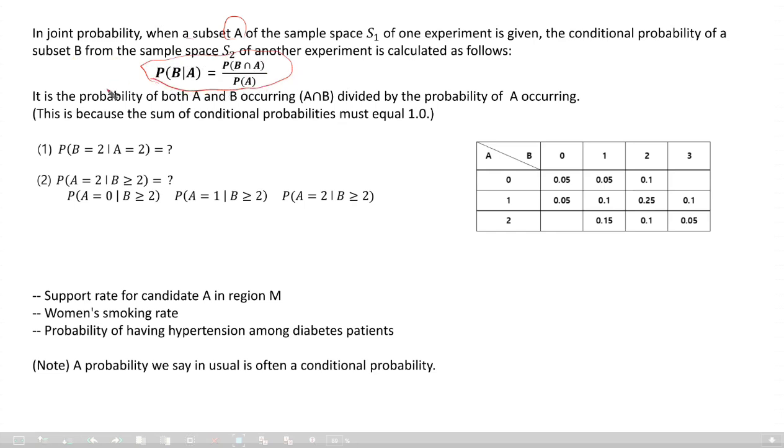But why does this formula come about? It is the probability of both A and B occurring, say A intersection B, divided by the probability of A occurring. This is because the sum of conditional probabilities must equal 1.0. You get it?